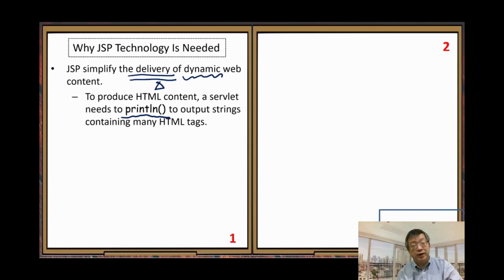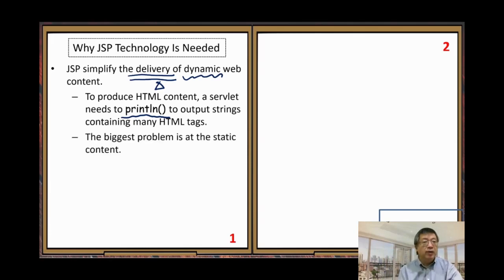So we have that experience. Then the biggest problem is at the static content. Remember in the B.1 video, I pointed out two different types of double quotes, Java string double quotes and HTML double quotes.